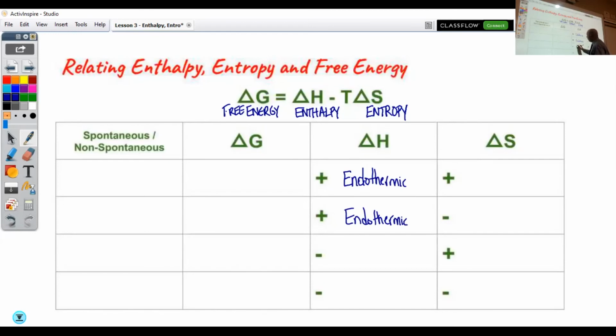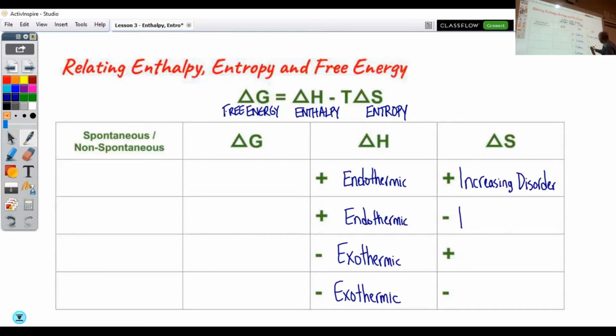These two are exothermic, meaning heat energy is being given off. Okay, on the column that has the delta S, we're going to say this is increasing disorder, meaning it's becoming more messed up.